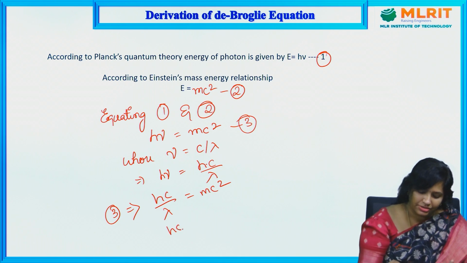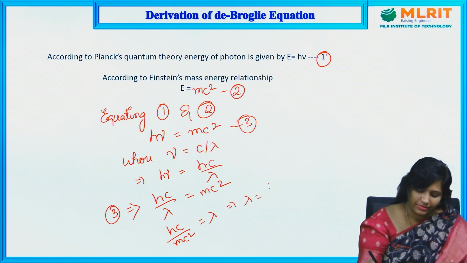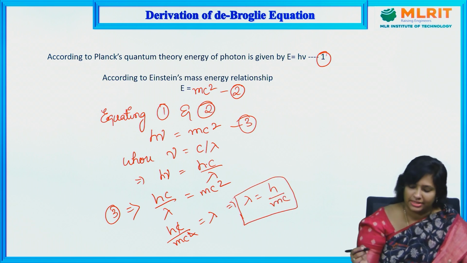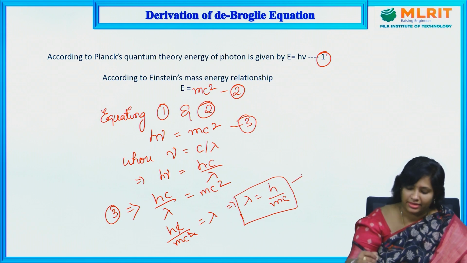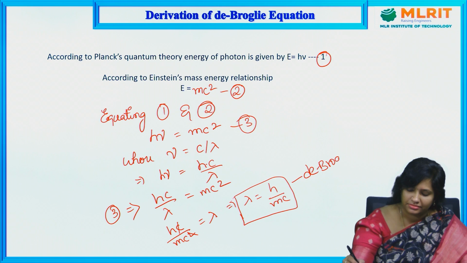Then hc by mc square is equal to lambda. This implies lambda is equal to, c gets cancelled, h by mc, which is the de Broglie wavelength of light.